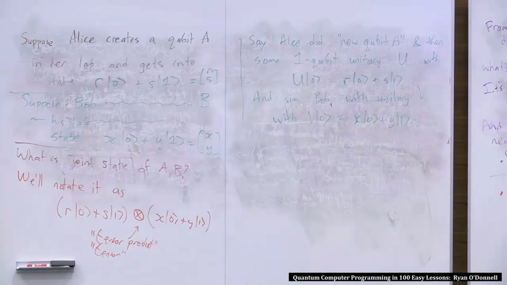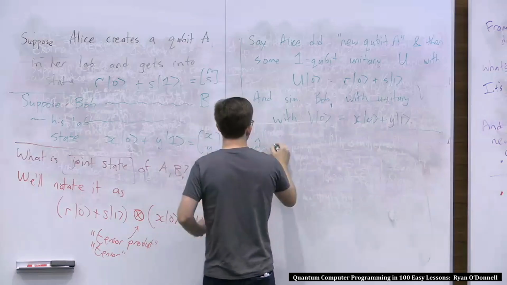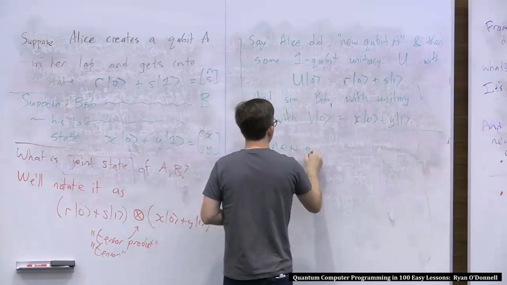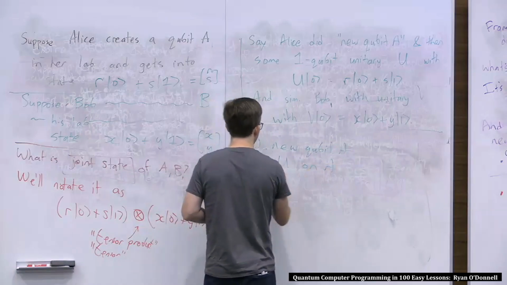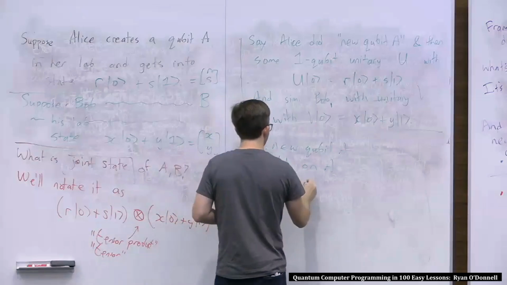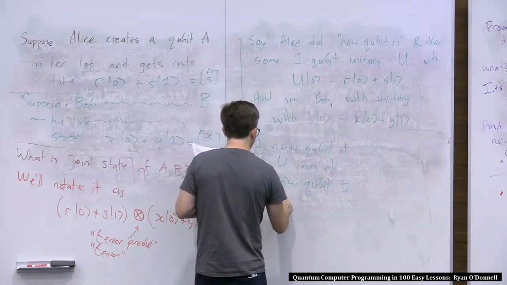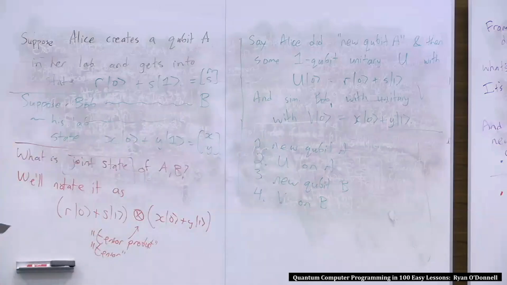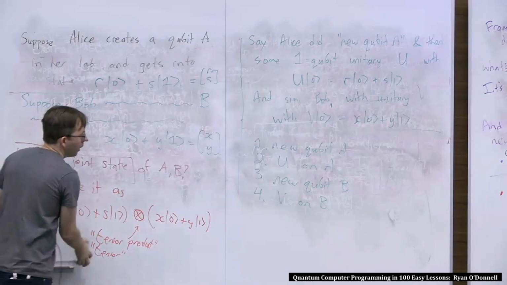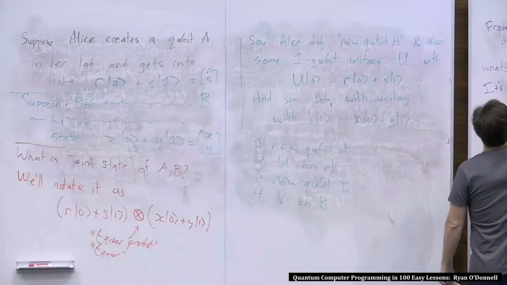In other words, we can view the whole story as: 1, new qubit A; 2, do the instruction U on A; 3, new qubit B; and 4, instruction V on B. This is the sort of thing we could analyze way back in lecture 4 or something. If you just do this code, what is the new joint state of A and B?